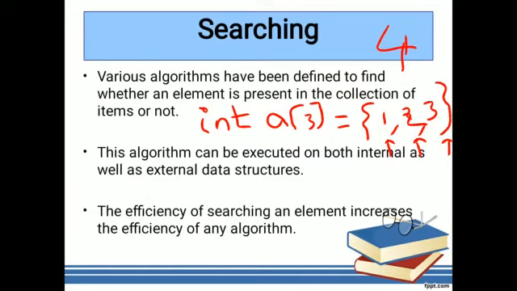If the array size is n, the positions range from 0 to n minus 1. That's why the position of element 2 is 1. Like that, by using searching algorithms, we find whether an element exists in the list or not, and if it exists, the exact position, that is, the address of that element.